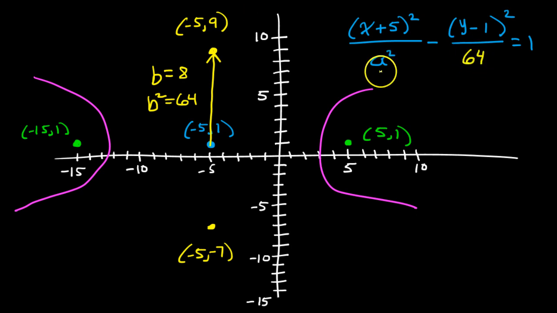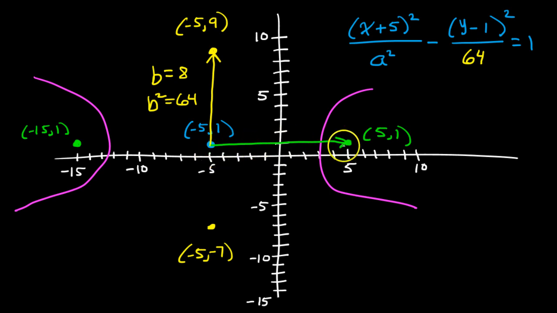Alright, I still need to find a squared. I don't have a squared, but what I do have is the c value. The c value is the distance from the center to a focus. So this is going to be the c value. So this is going from -5 to +5.